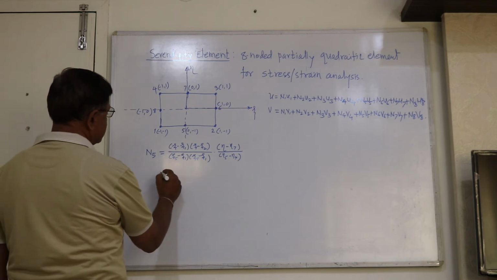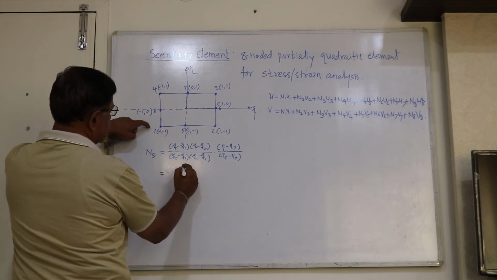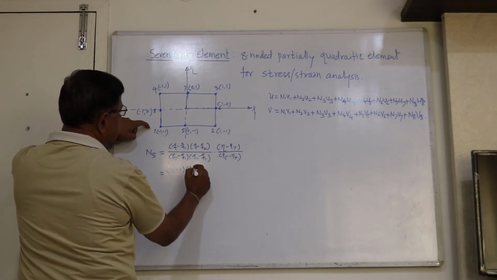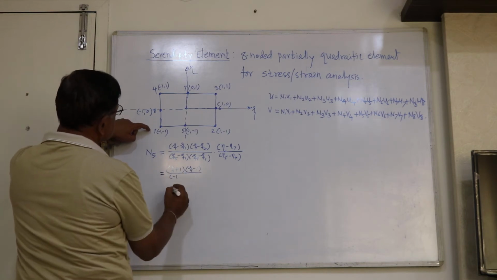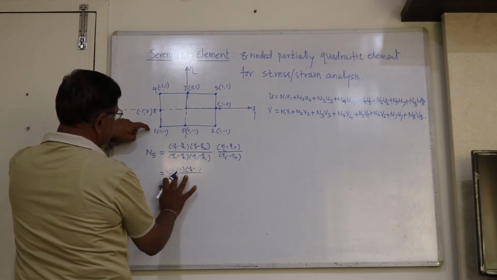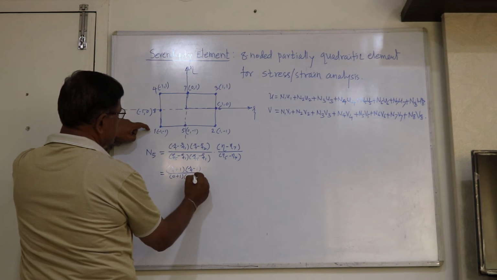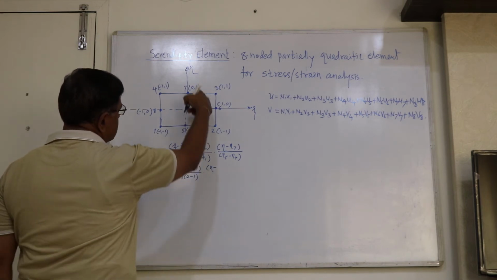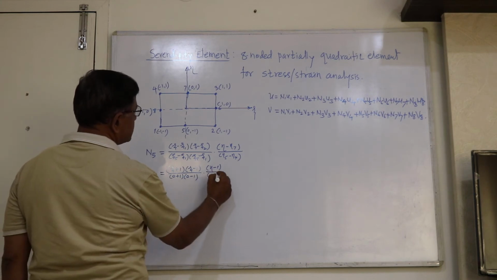So this is equal to, let's substitute the coordinates, this is xi minus xi1 is xi plus 1, then xi minus xi2 is xi minus 1, divided by xi5 is 0, so 0 plus 1, then 0 minus 1, into eta minus eta7 is eta minus 1, divided by 0 minus 1.